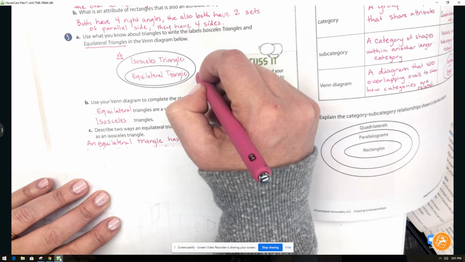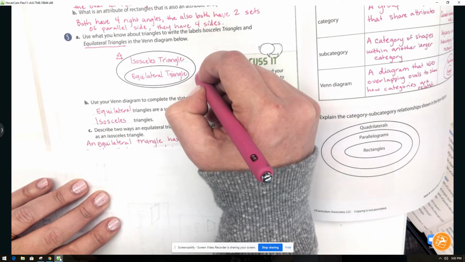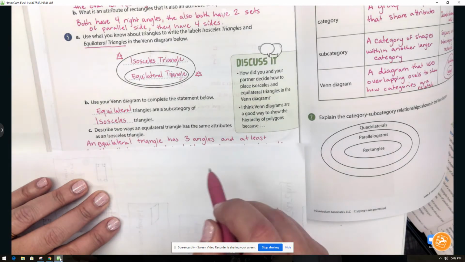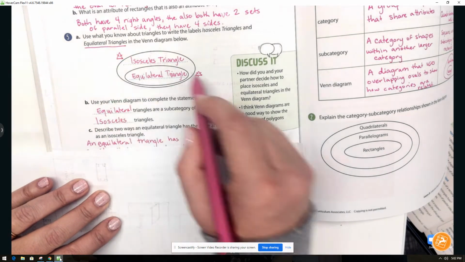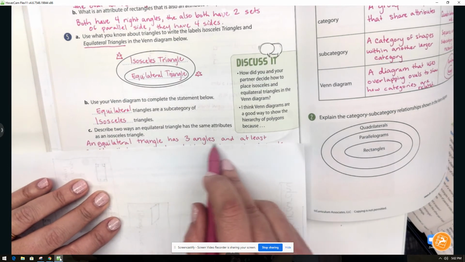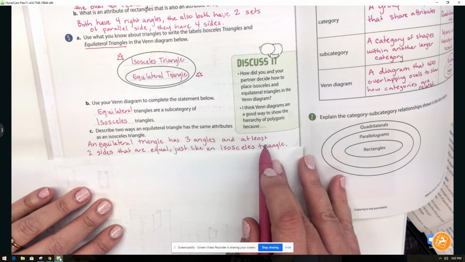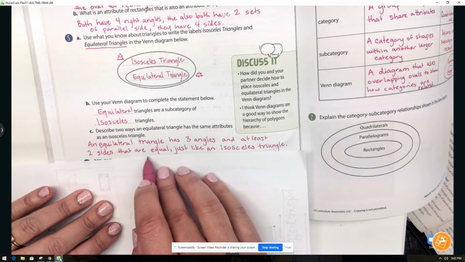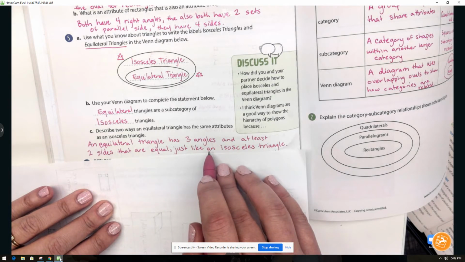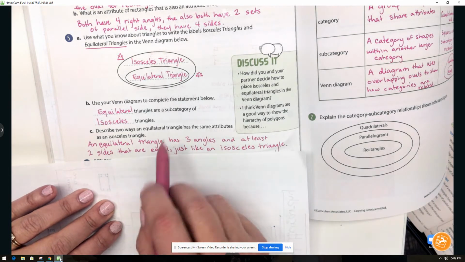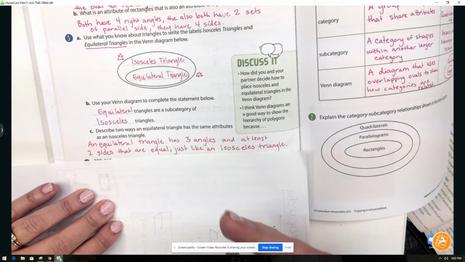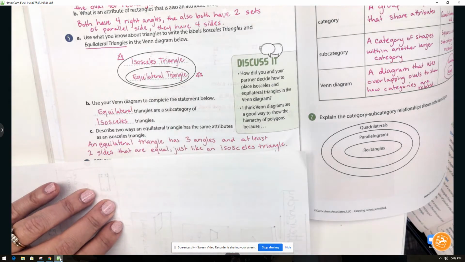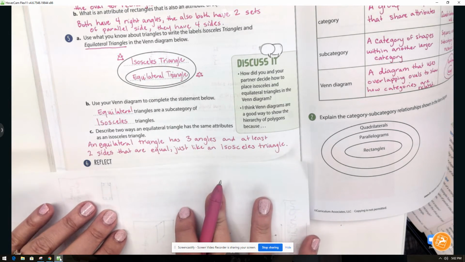And an equilateral triangle would have 3 sides that are all equal. And they all have 1, 2, 3 angles. So they both have 3 angles, and they both have at least 2 sides that are equal. And equilateral triangles have 3 sides that are equal.